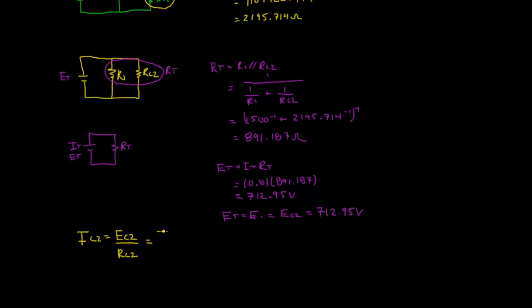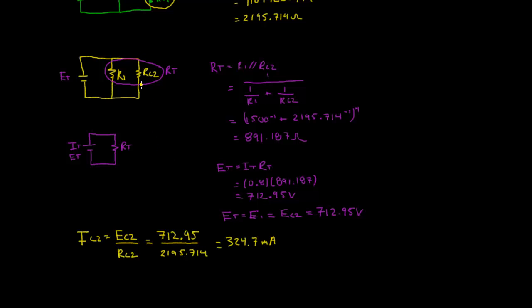So this equals 712.95 volts divided by RC2, which we solved as being 2195.714 ohms. In solving for IC2, we get a value of 324.7 milliamps.